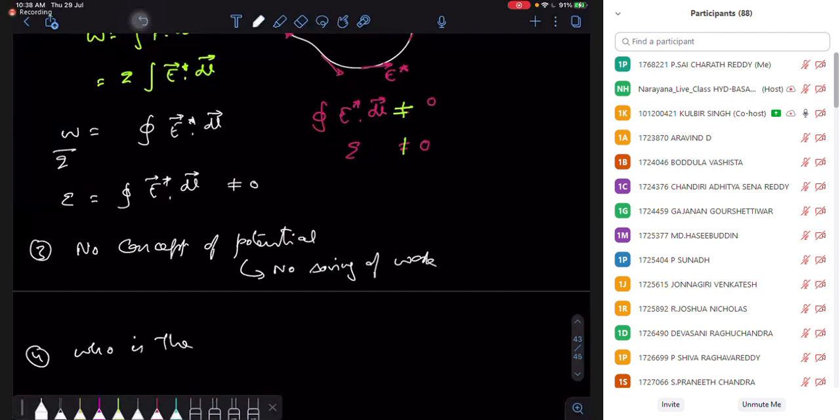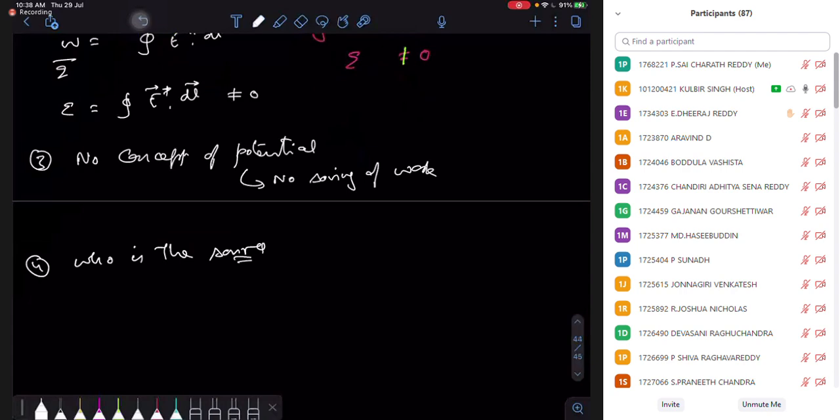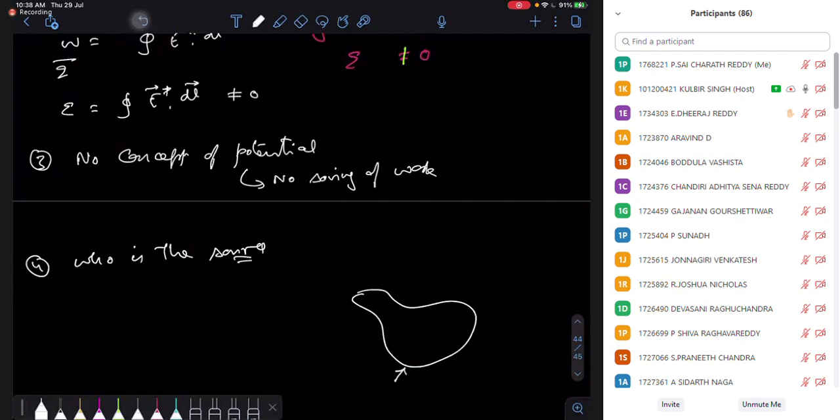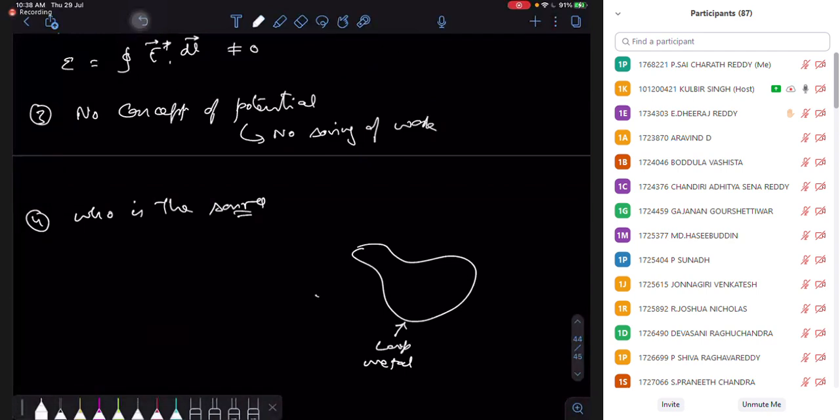We can get the idea from our Faraday's law. My Faraday's law says that if there is a loop, a metal loop, and there is going to be a magnetic field.